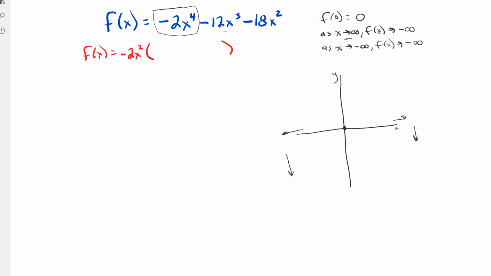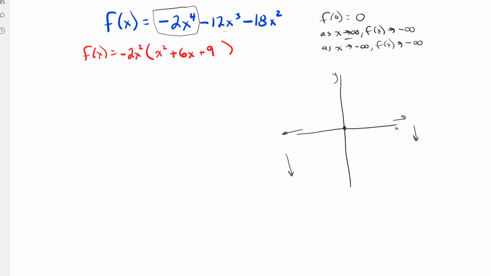Negative 2x to the fourth divided by negative 2x squared is going to be positive x squared. Negative 12x to the third divided by negative 2x squared is going to be positive 6x. Double check: when you multiply negative 2x squared times 6x, you're back to negative 12x to the third. And negative 18x squared divided by negative 2x squared is going to be positive 9 times 1.